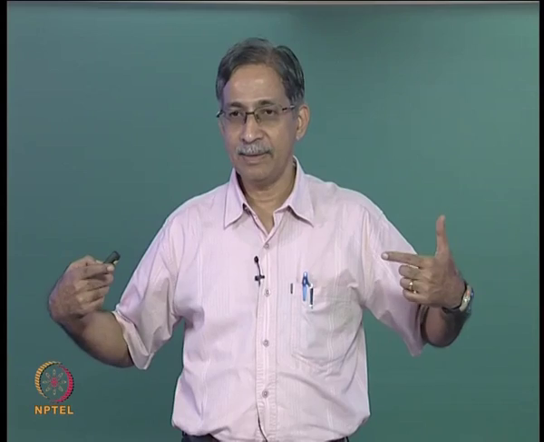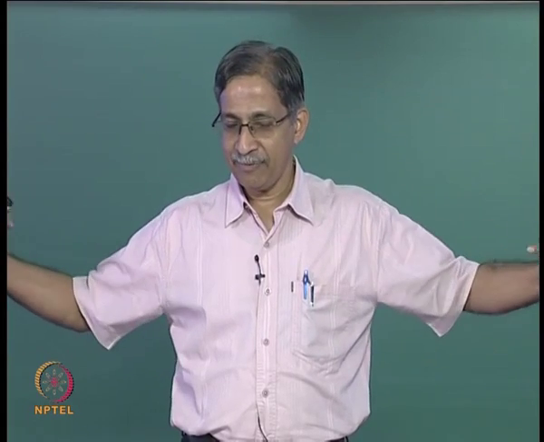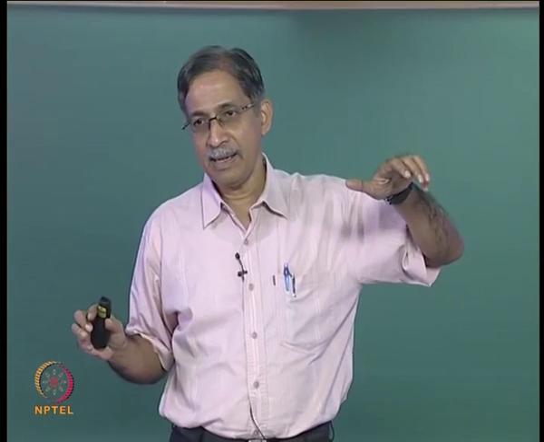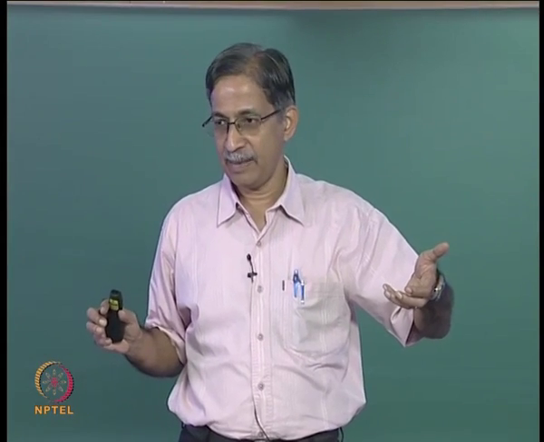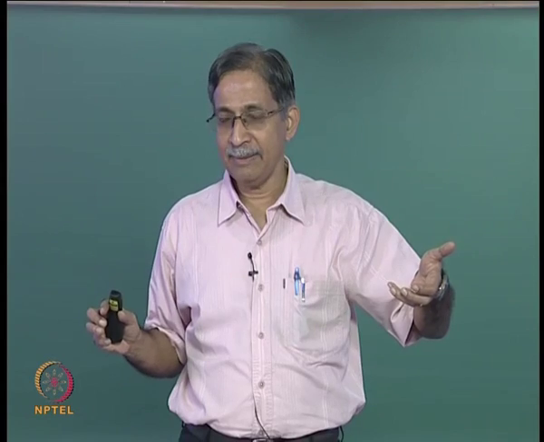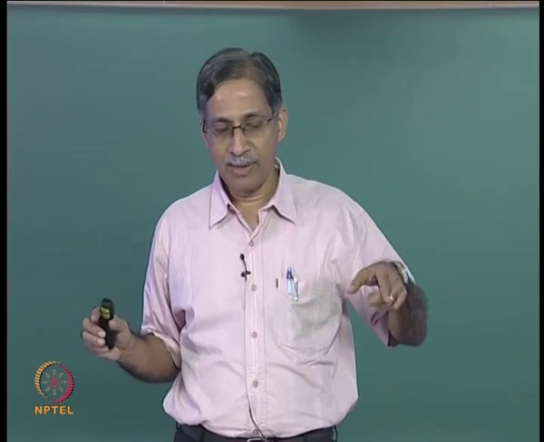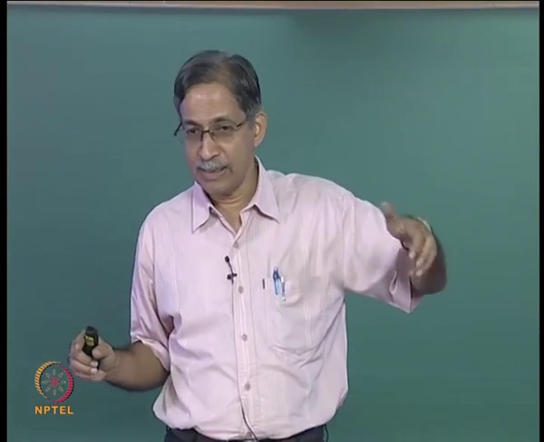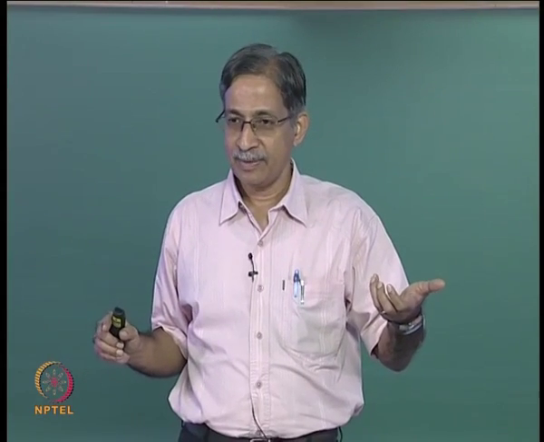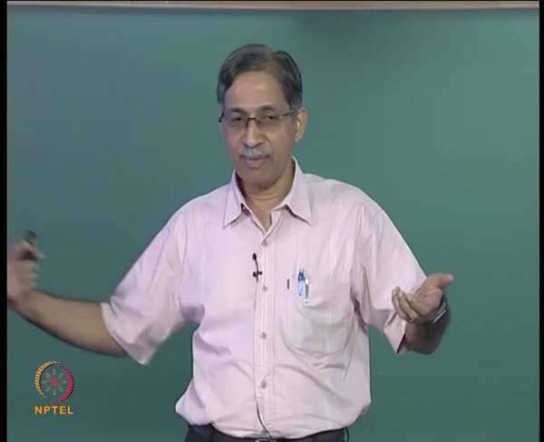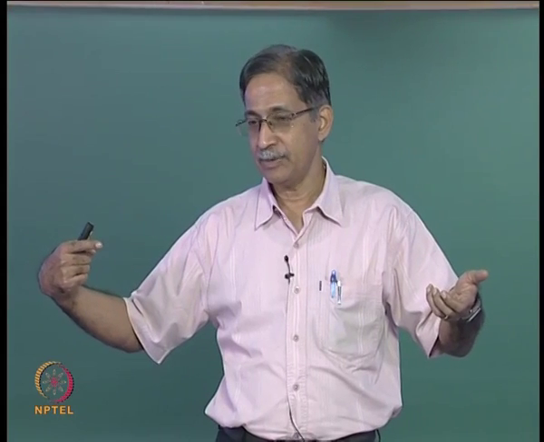So listen carefully. If I have a simply supported beam, I apply an end moment MA here, then if I want a unit rotation, the moment that I need to apply here is going to be 3EI by L if my axial force is 0.